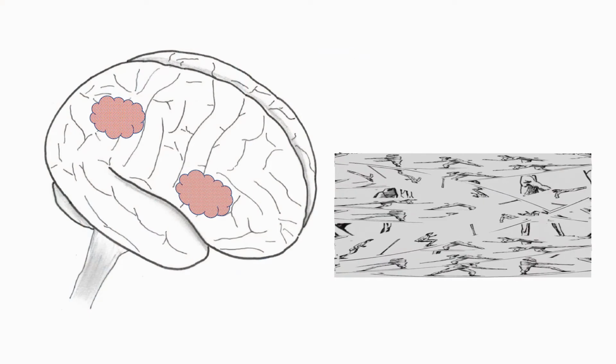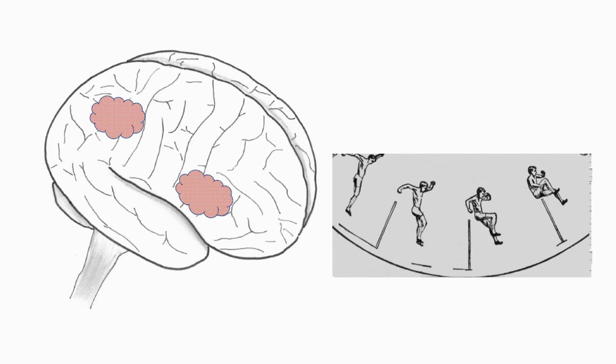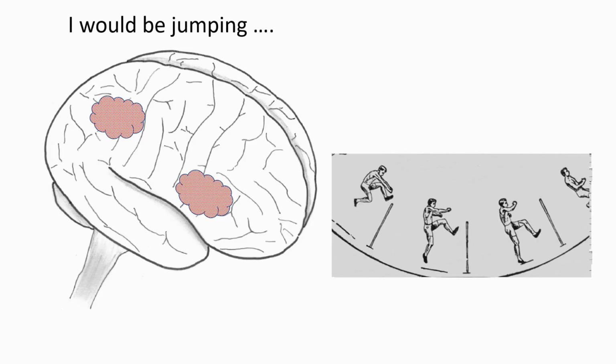This network includes a region in the parietal lobe that puts together what you're looking at into a recognizable movement that you would make yourself, and a frontal region that relates this to the goal of the movement, why you would make it. This is true for big movements, but it's also true for those little movements that we observe in each other's faces.